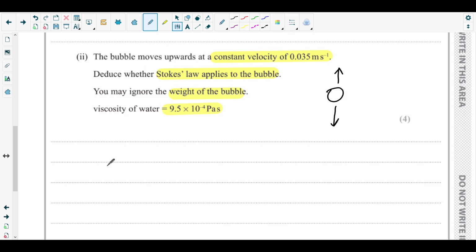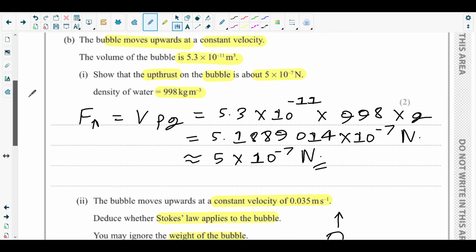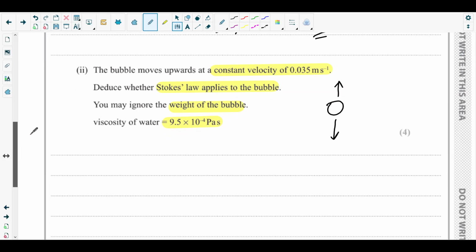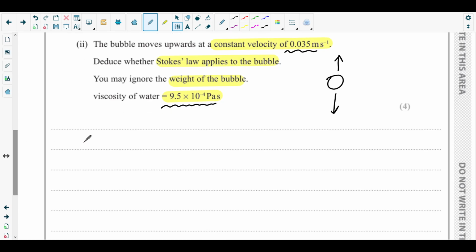We already got the upthrust in the previous part, so we know the exact value. We know that viscous drag F drag equals 6 pi r eta v.